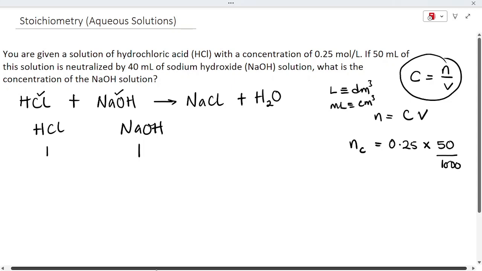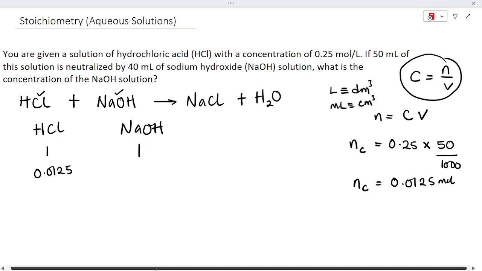So the number of moles of HCl, which I've tagged nC in this case, becomes 0.25 times 50 divided by 1000. And we have 0.0125 moles. So in other words, this solution we are given involves 0.0125 moles of HCl.